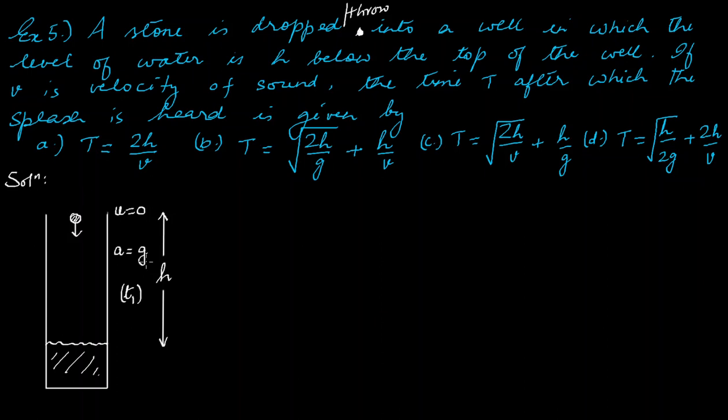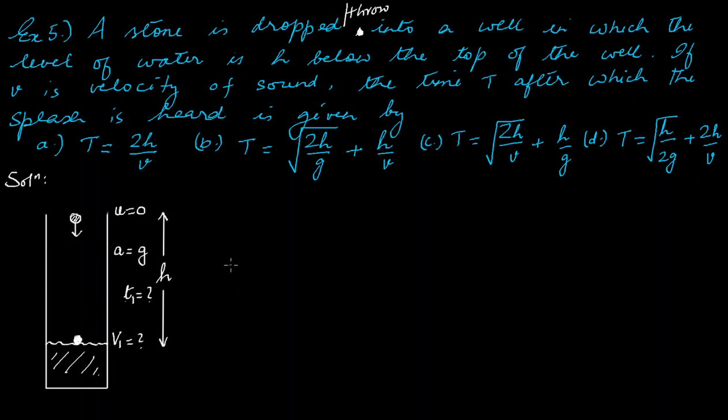So here we have to first find what is the time t1, and let's say when it is just about to touch the water, its velocity is v1. We don't know the value of v1, and we don't know the value of t1 as well. Okay, we don't know this. What is t1? t1 is the time that it goes from top to the water here.